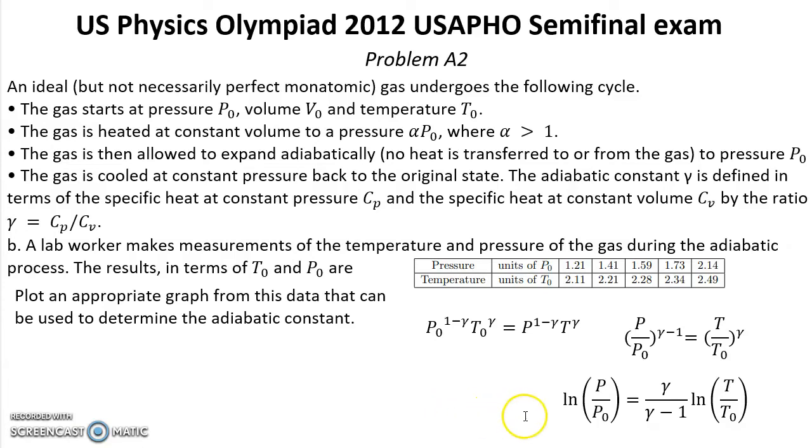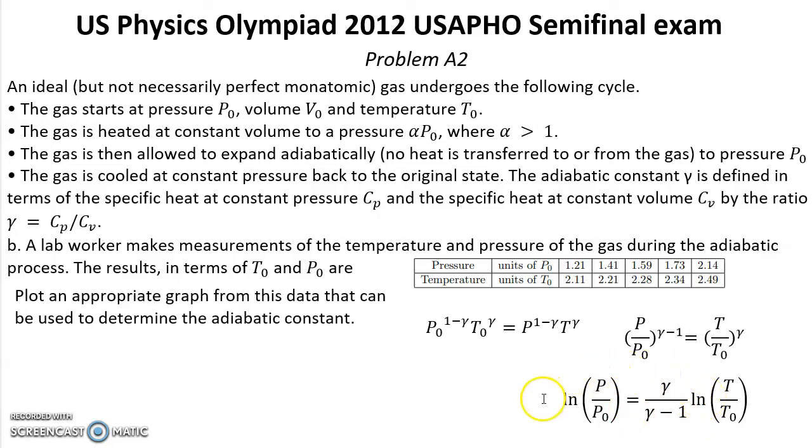Now we have this dependency: this logarithm equals some coefficient, which we can call the slope, multiplied by this logarithm. Because we have this data as a table, we can plot this graph and find the slope of this graph.